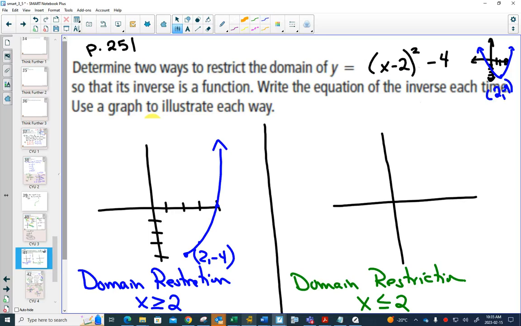Graphically, for my green one, I'm going to take, still have my vertex, 2, -4, but now I'm taking that half of the parabola.